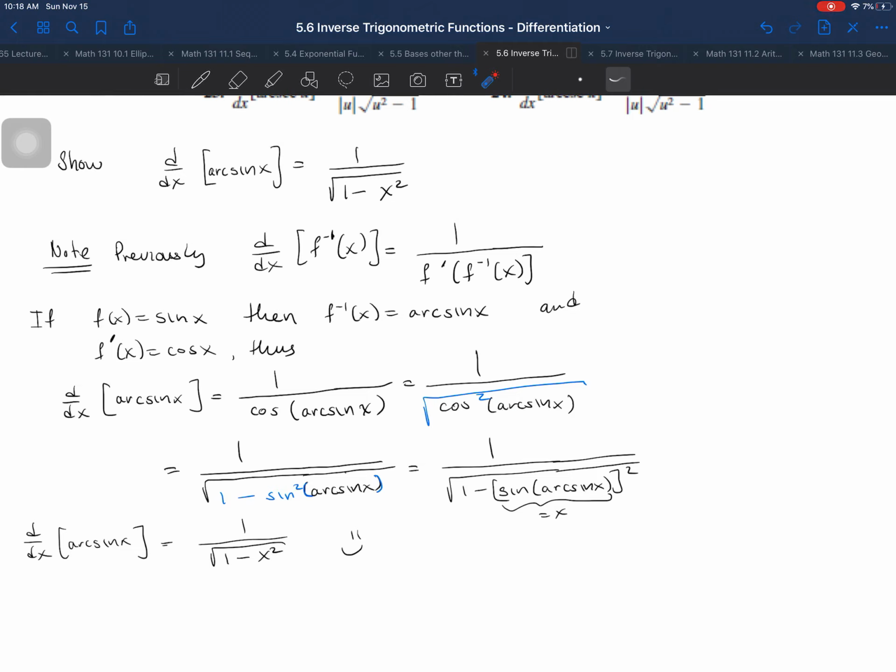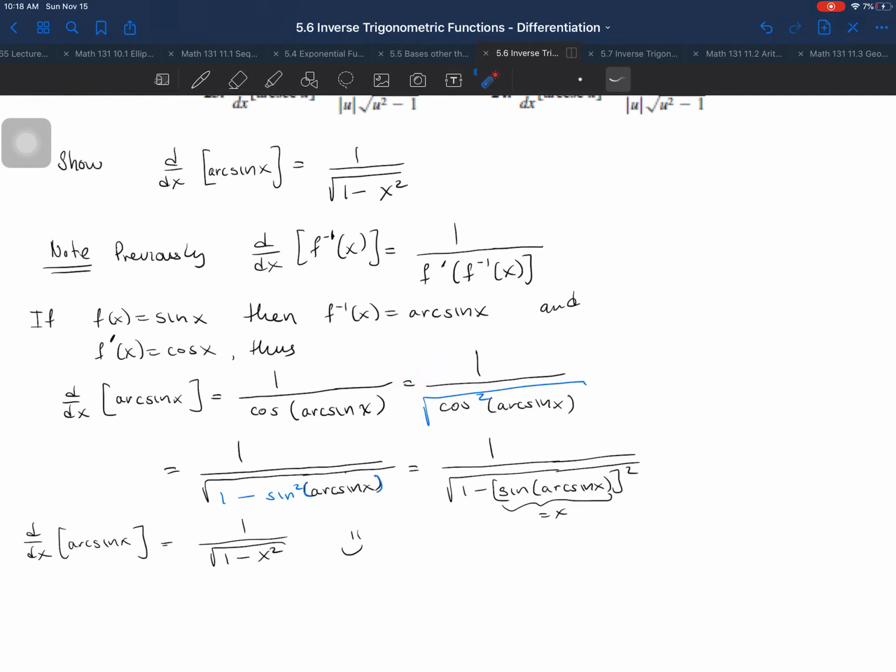So what we're going to do is some algebra manipulation, right? I could square this and then take the square root, because the square root and the square undo each other. So I'm not doing anything, I'm just squaring and then taking the square root for algebra manipulation, but it's still the same thing.